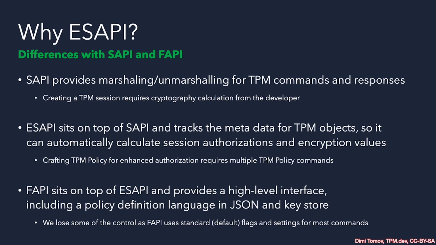Then we need to create the cryptography. We need to calculate the shared key that needs to be established between the TPM and our host application. So this is just one example why SAPI gives you great control, but maybe not necessarily the level of control that we need to focus on the application, on the task that we have at hand, right?